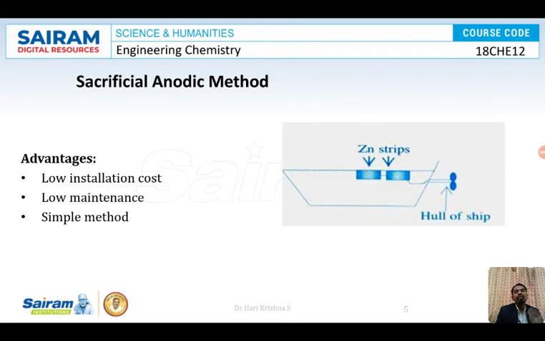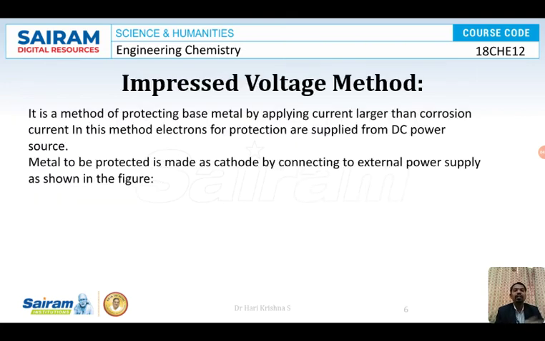Finally the hull becomes slim. Since the hull sacrifices itself to protect the base of the ship, it is called the sacrificial anodic method. The advantages are low installation cost, low maintenance cost, and simplicity.